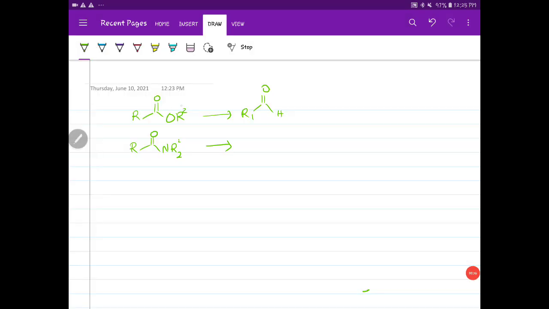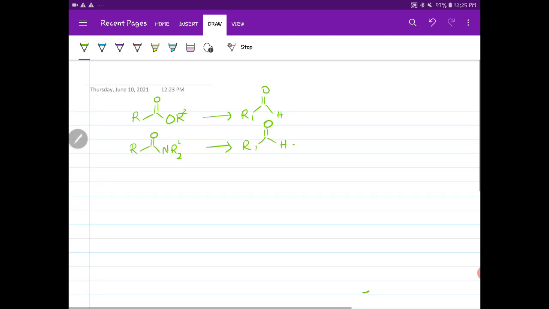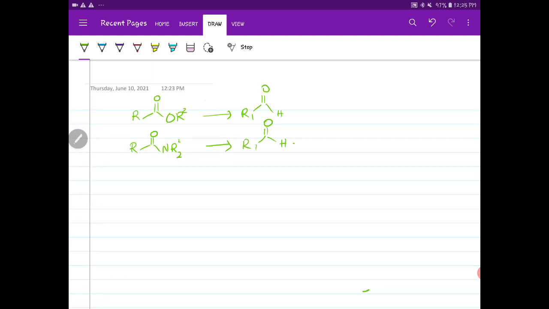Ester directly converting to aldehyde, and amide directly converting to aldehyde. We have already discussed how an ester could be converted to alcohol.